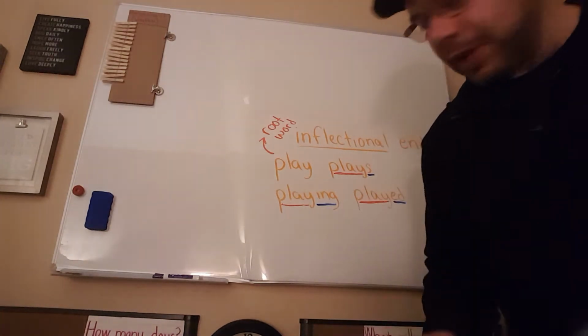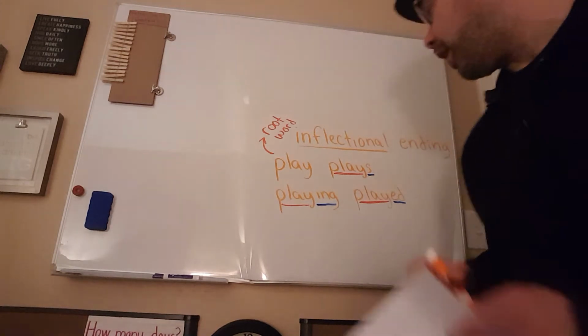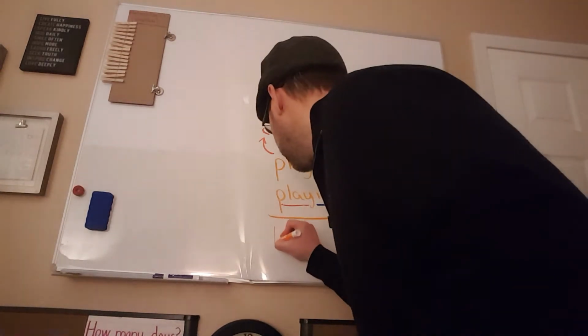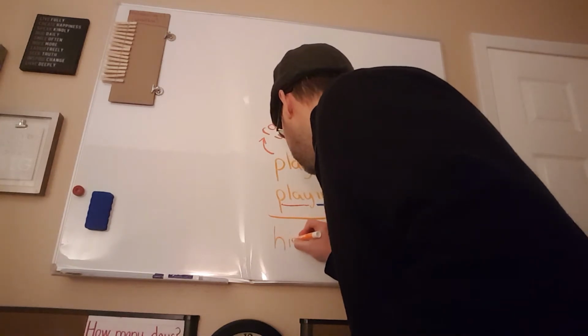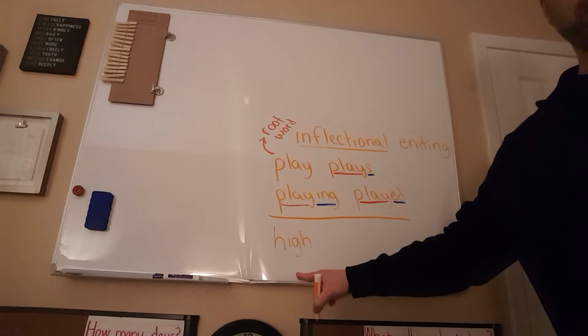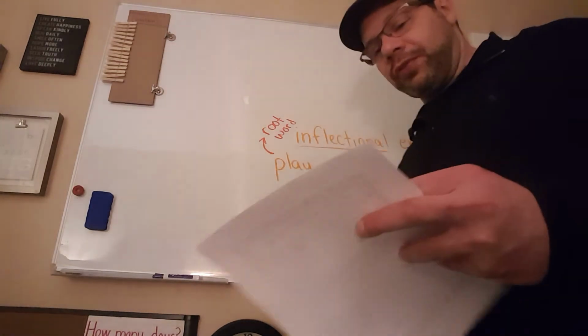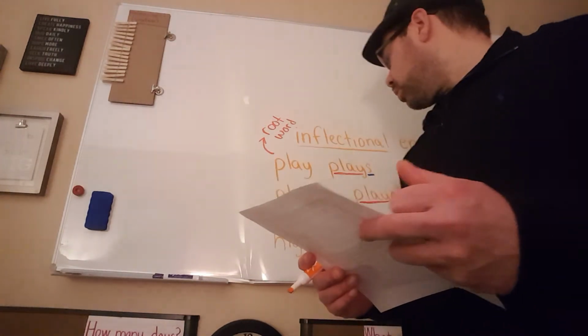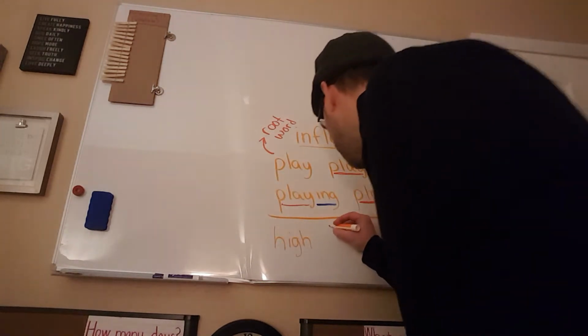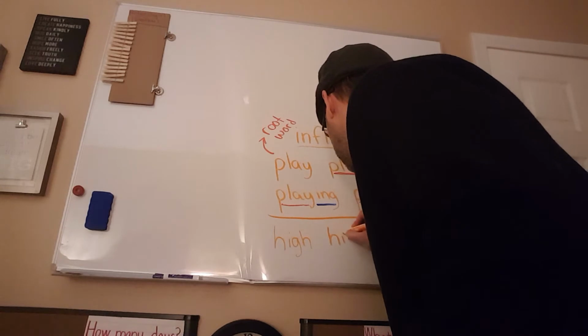Okay, and I'll give one more example. Why don't I use the word high? I'll make a little line here to show that we're doing a different word. High. That's the root word right there. There are actually two inflectional endings that we haven't done. Higher.